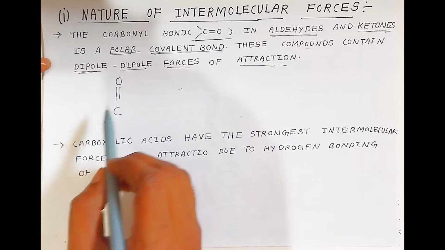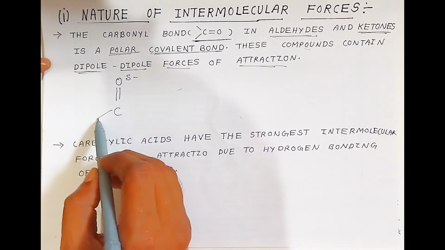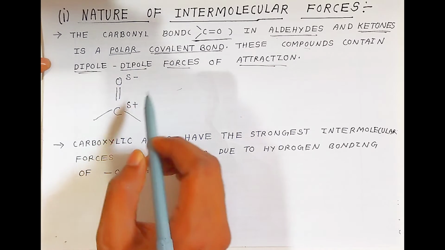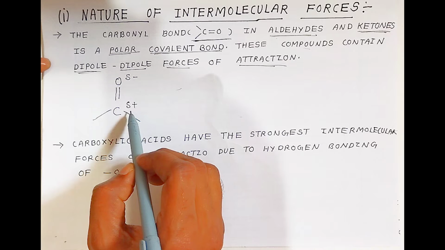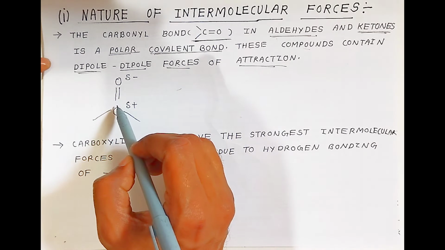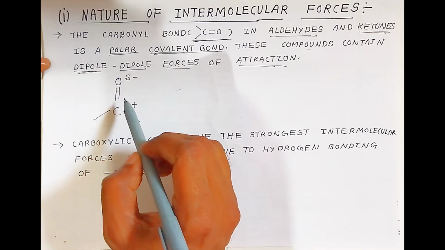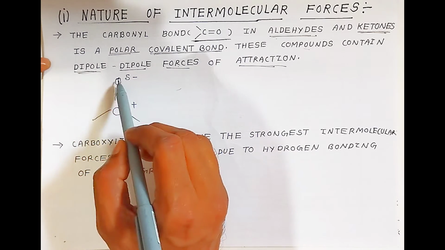Oxygen is more electronegative, which we show with delta negative charge, and the carbon of the carbonyl we always show with delta positive. Delta minus stands for partial negative and delta plus stands for partial positive charge. That means all the electron cloud is shifted towards the oxygen of the carbonyl. You will find more electrons at the oxygen side.